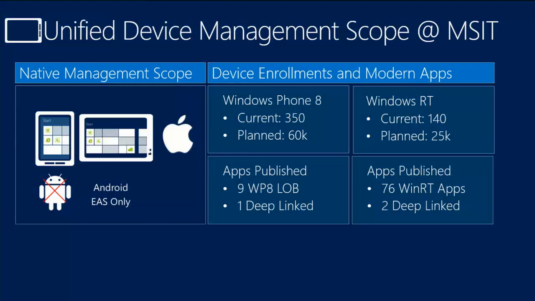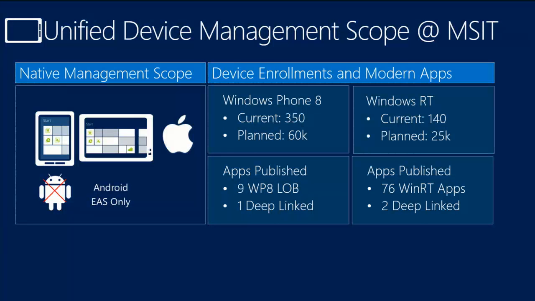This is what we've managed to implement so far in our environment through unified device management. We currently have about 350 Windows Phone 8 and about 140 Windows RT. Based on our Exchange ActiveSync data, we're planning on approximately 60K Windows Phone 8 and Windows RT devices to be enrolled pretty soon, and we're expanding that as we speak. From an LOB applications standpoint, we have 9 applications that have been published for Windows Phone 8 and 1 deep link tap, I believe that's Skype.